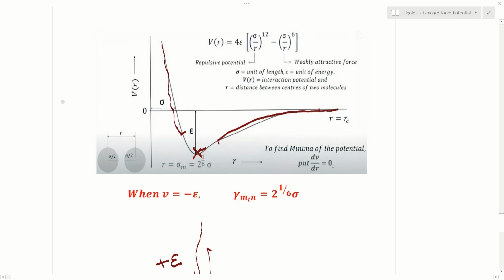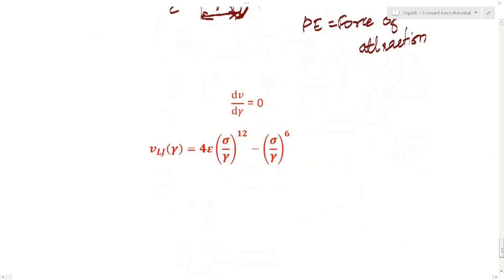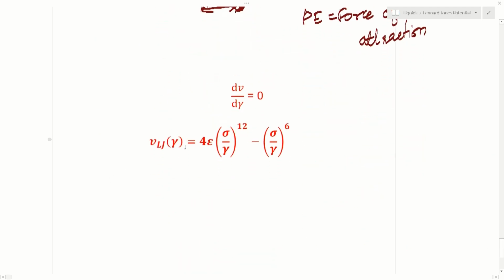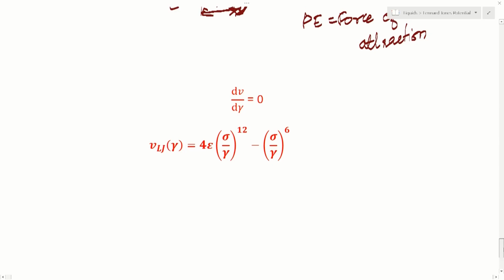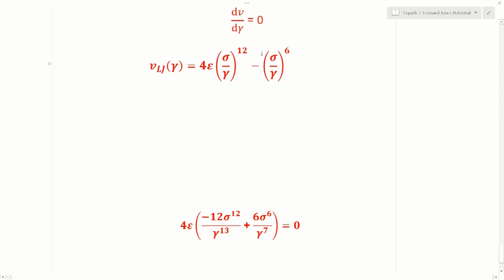That is the minimum potential energy at which the interacting molecules can occur. This is the Lennard-Jones potential equation: V_LJ(r) is equal to 4 epsilon times sigma by r to the power 12 minus sigma by r to the power 6.